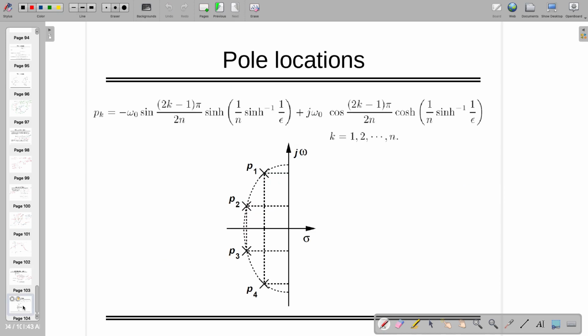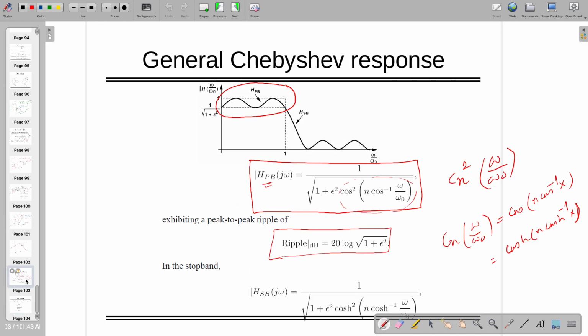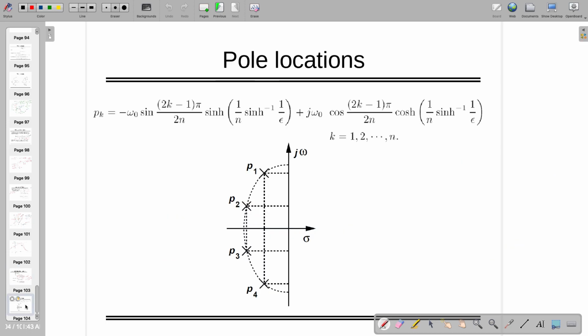And again, solving these equations, like we did in Butterworth, will also take lots of mathematical calculation. But at the end, whatever the solution you see, in the Butterworth case the poles were on a unit circle, now they are on some ellipse.